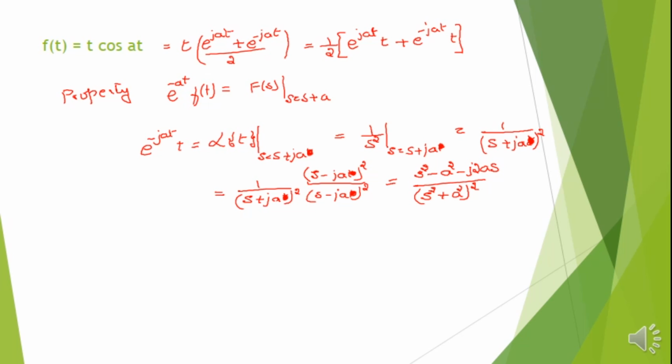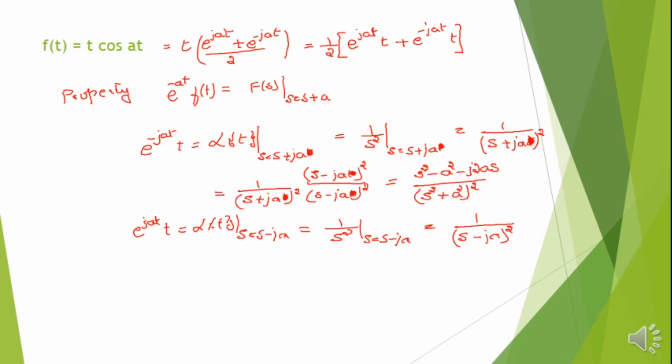Now what happens? e to the power jat into t, Laplace transform of t at s equal to s minus ja. That means 1 by s square at s equal to s minus ja, that is equal to 1 by s minus ja whole square.